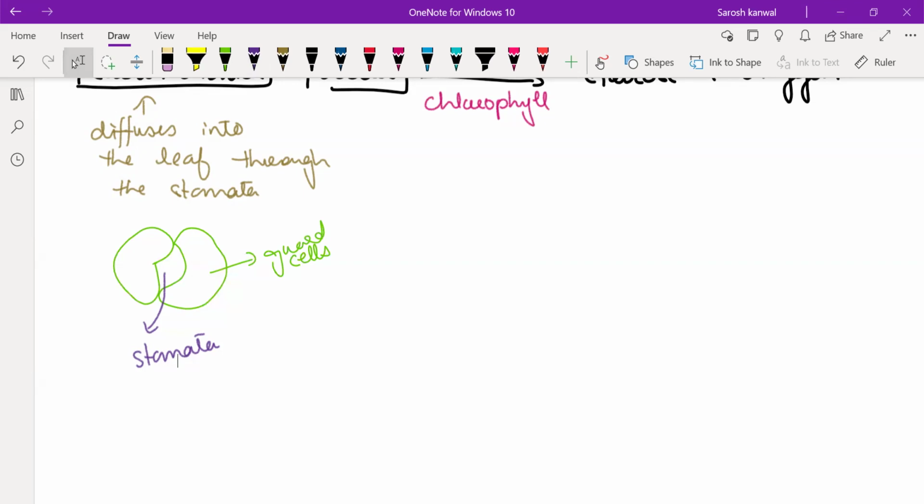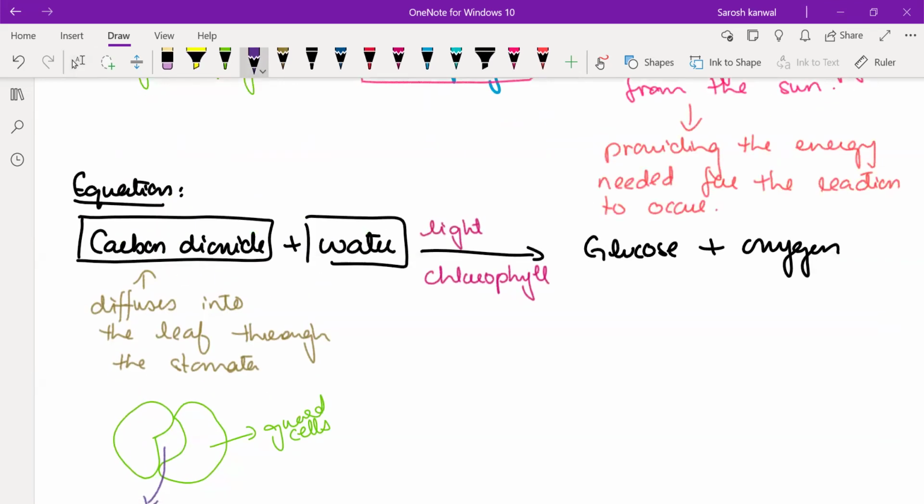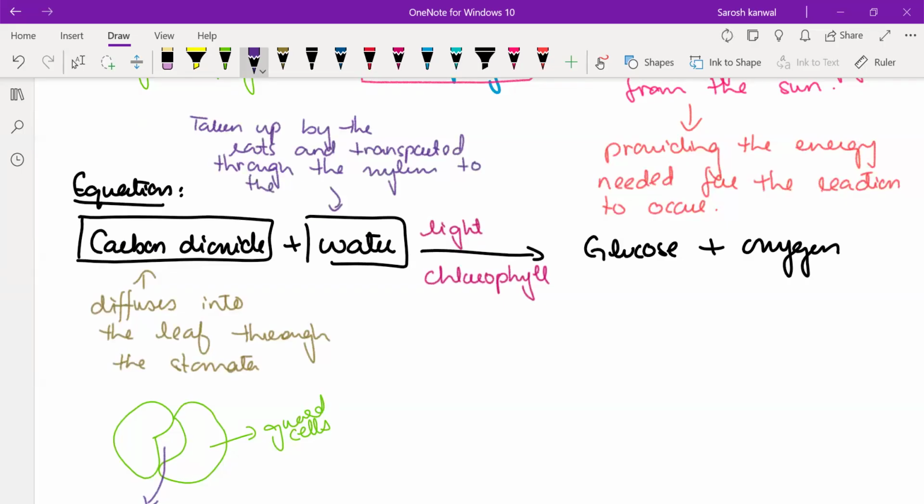Now, where does this water come from? We know that it is taken up by the roots and transported through the xylem to the leaves, right?